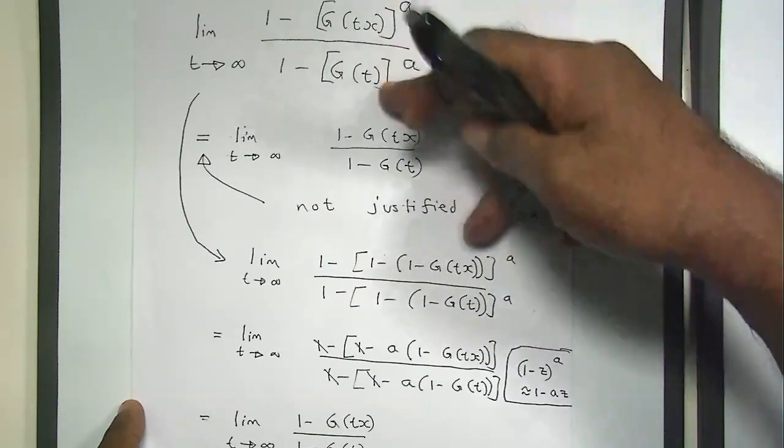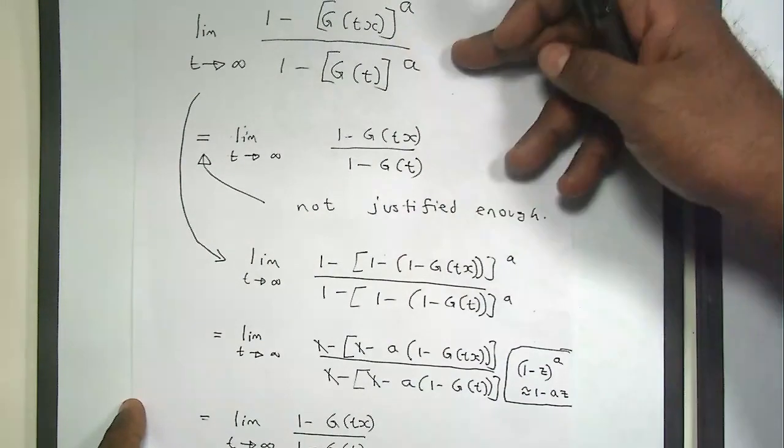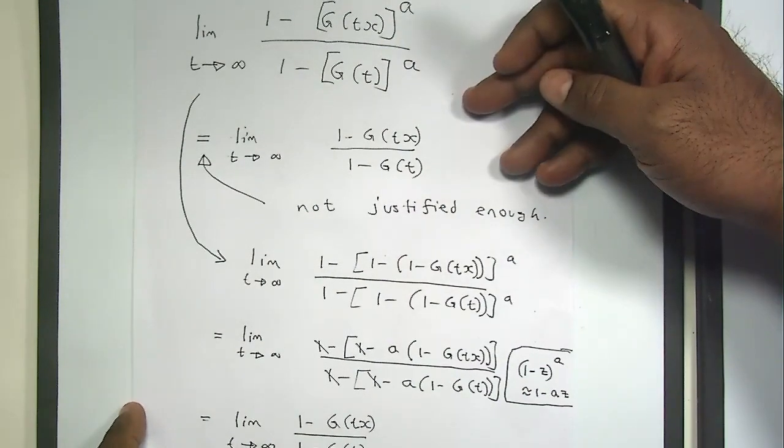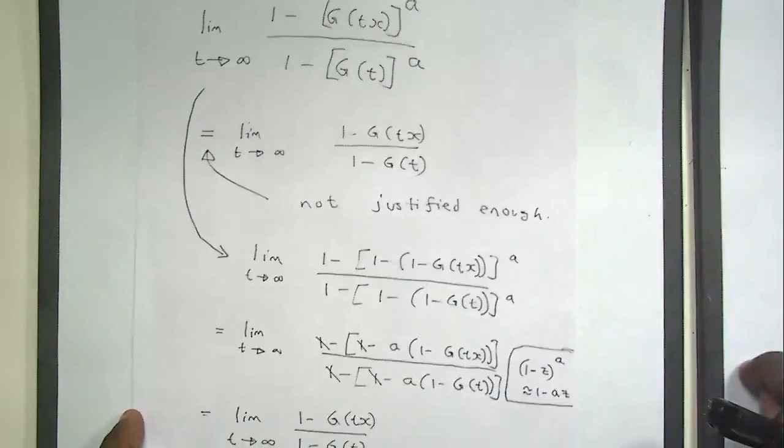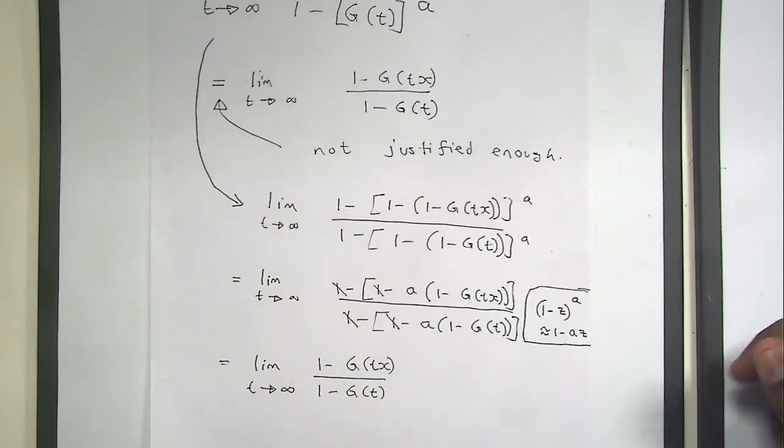The argument that these two approach the same limit doesn't immediately imply that this is equal to this. A lot of things in mathematics are obvious, but you have to make the effort to prove it rigorously. You know what I'm saying, guys.